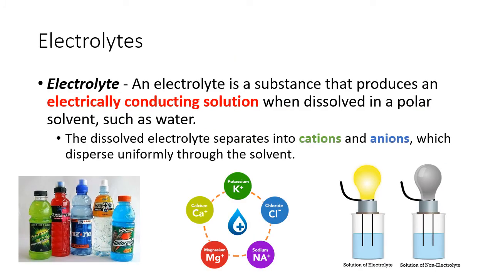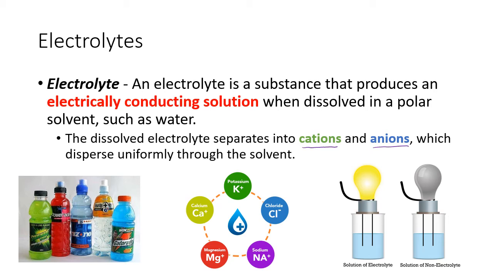When an ionic compound is dissolved in water, it produces something known as an electrolytic solution, or the ionic compound is an electrolyte. An electrolyte is a substance that will produce an electrically conducting solution when it's dissolved in something polar, like water. This is because, as we saw, the ionic compound will separate or break up into its cations and its anions, and since it's ionic, it can conduct electricity.